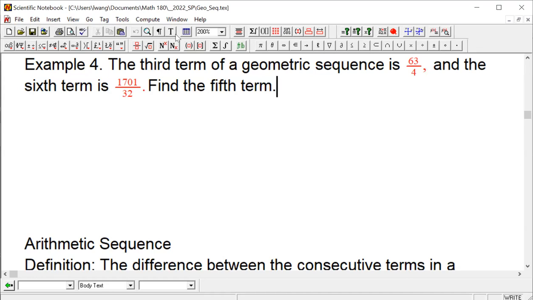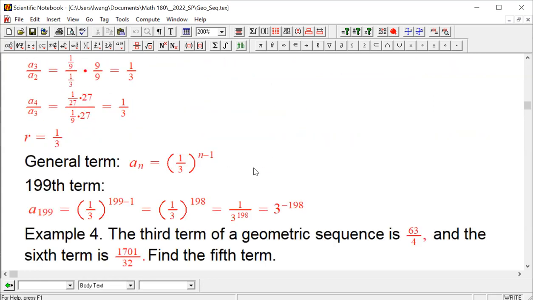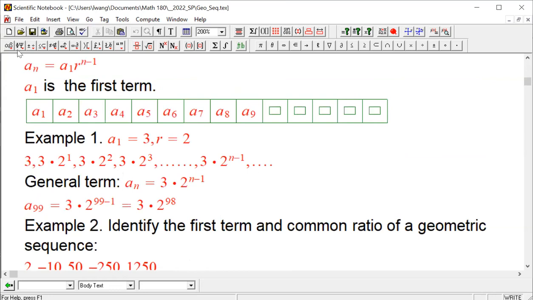Let's see how we find the fifth term. If we can find the general term, then we can find any term, right? So what is the general term? We derived the form of the general term, so this piece is very, very useful. Of course, you need to know what A1 is and what r is.